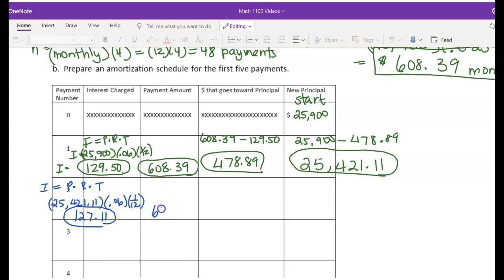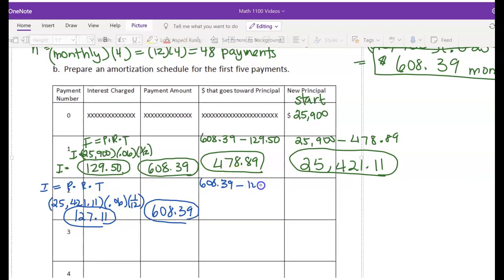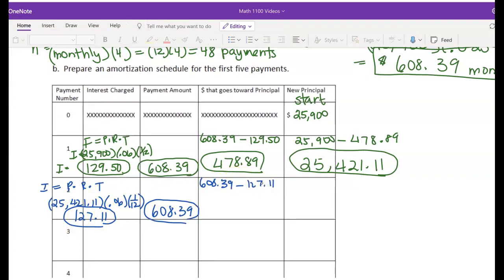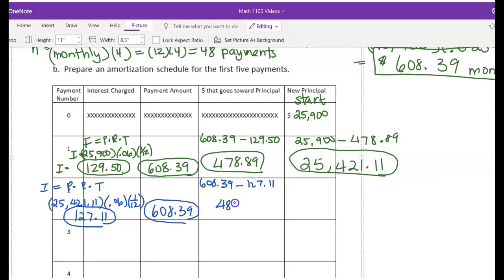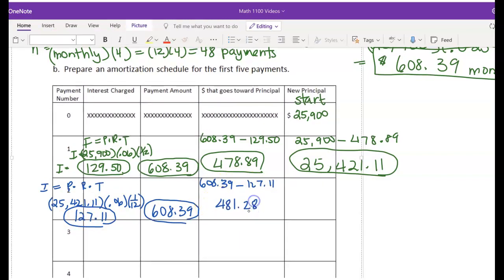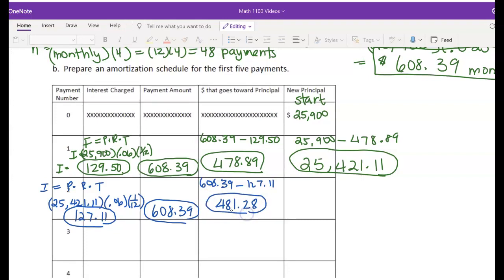Our payment stays the same. We're going to make that same monthly payment every time. And now the money that goes to our principal is our payment minus the interest. And that gives me $481.28 that goes towards reducing the balance of our loan.